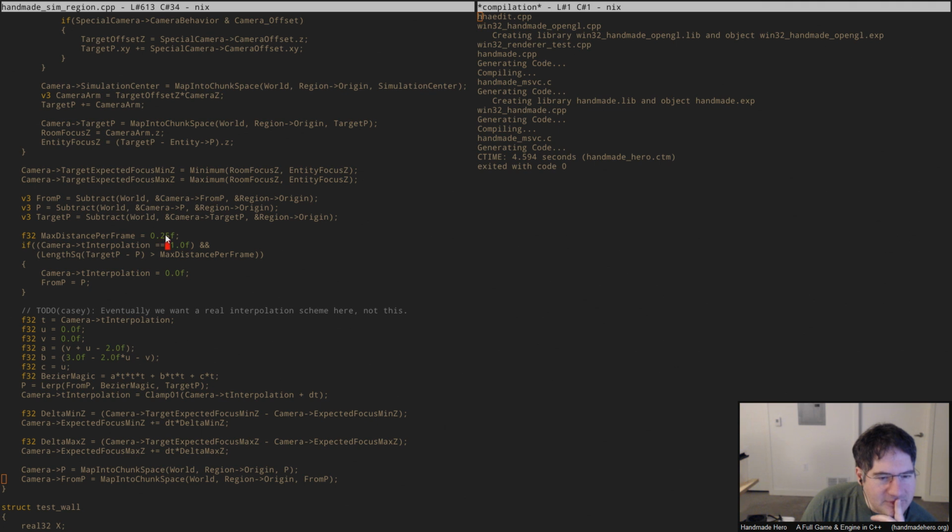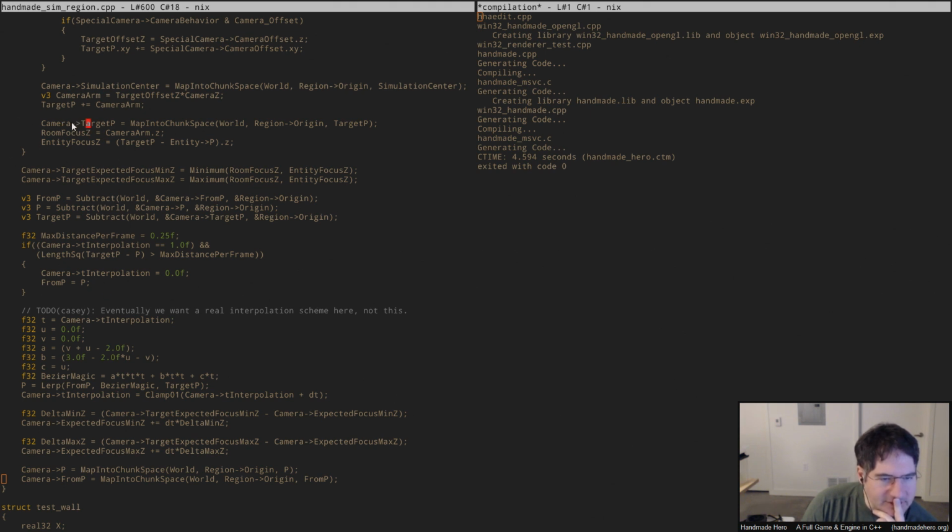I guess that may have been us hitting the max distance per frame. No, I'm not sure what that was. Target P. Target P is always set, so that really shouldn't be an issue.